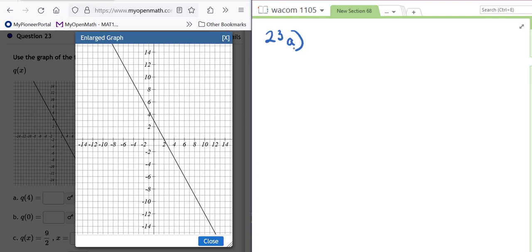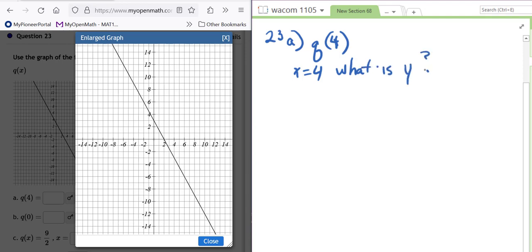All right, so they want me to find Q of 4. What you're plugging in is X. So Q of 4 says X equals 4. What is Y on the graph? That's what this question is saying to you.